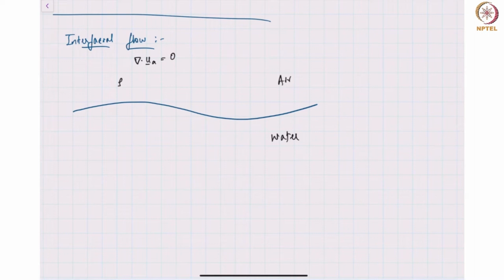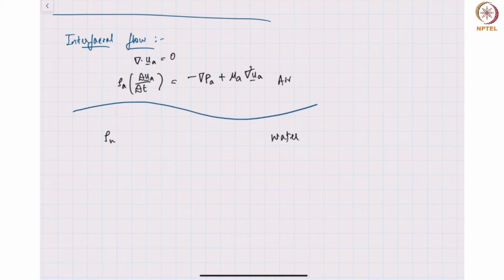And the momentum equation becomes density times d by dt of u air equals minus the pressure gradient in the air, plus the viscosity of the air times the viscous term in the air.